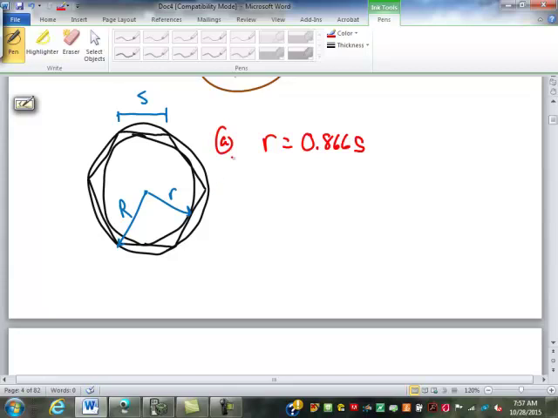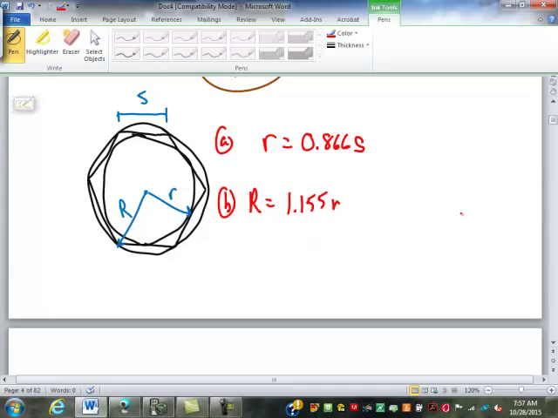Part B, what is the length of capital R if R equals the product of 1.155 and the radius of the in circle? So capital R equals 1.155 times little r. Because again, it says product, so it's multiplying.